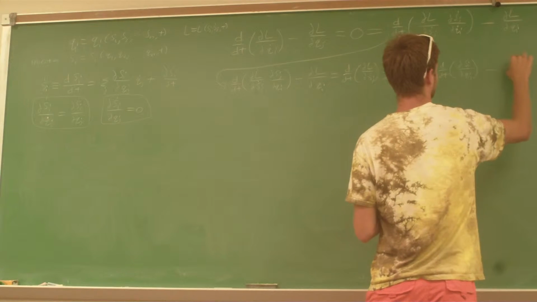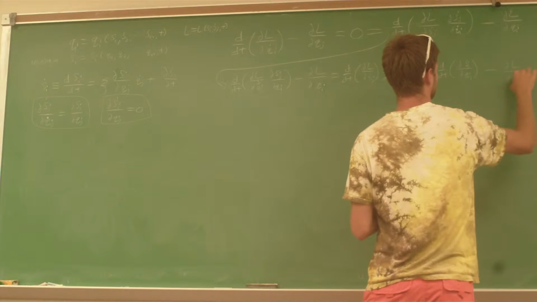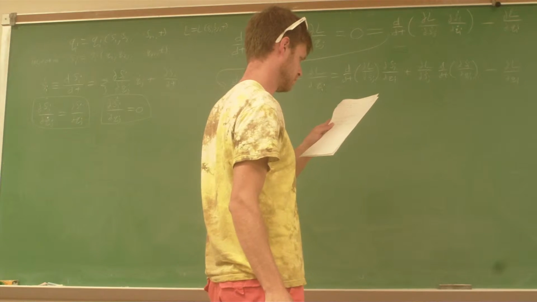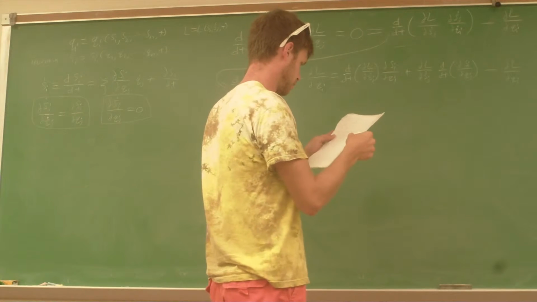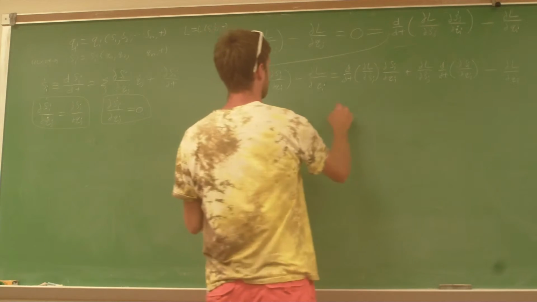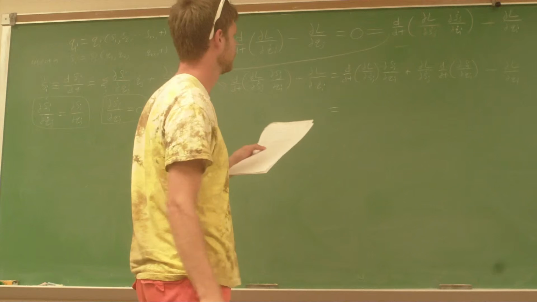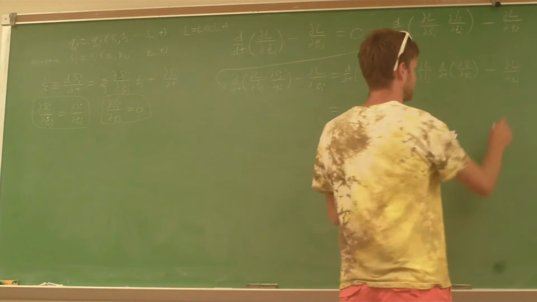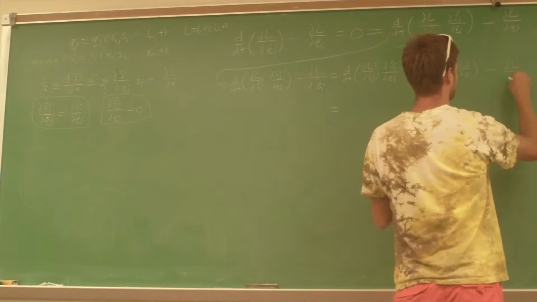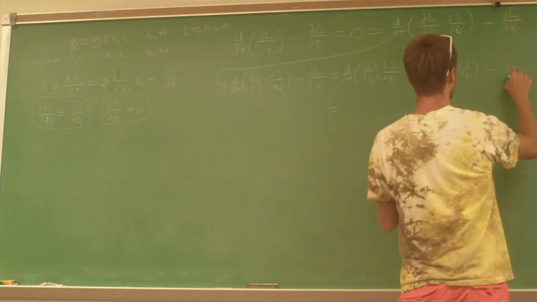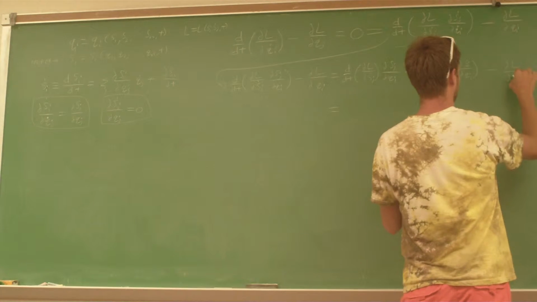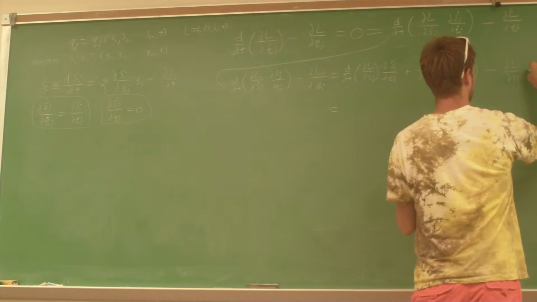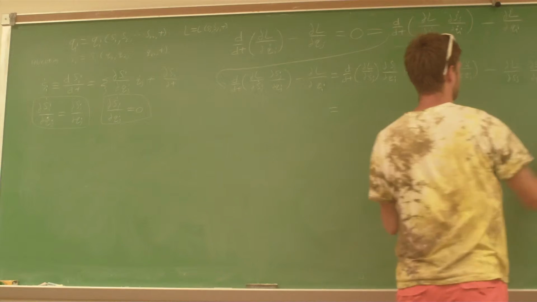Copy the last part down here. Okay, so one more step from here. Do the chain rule here again. Partial L with respect to S_j, partial S_j with respect to q_i.